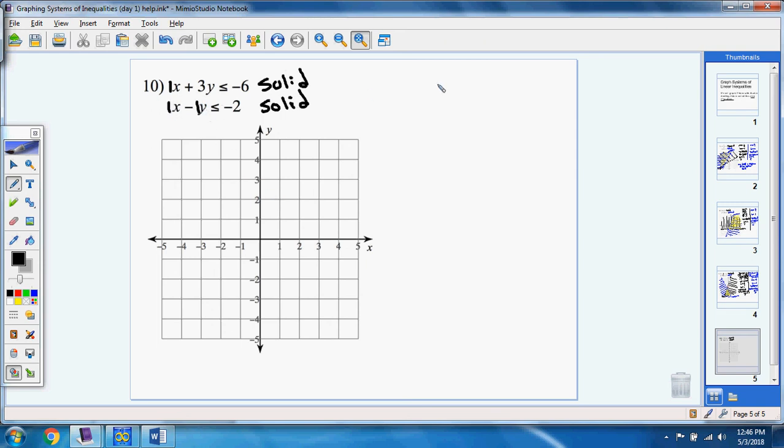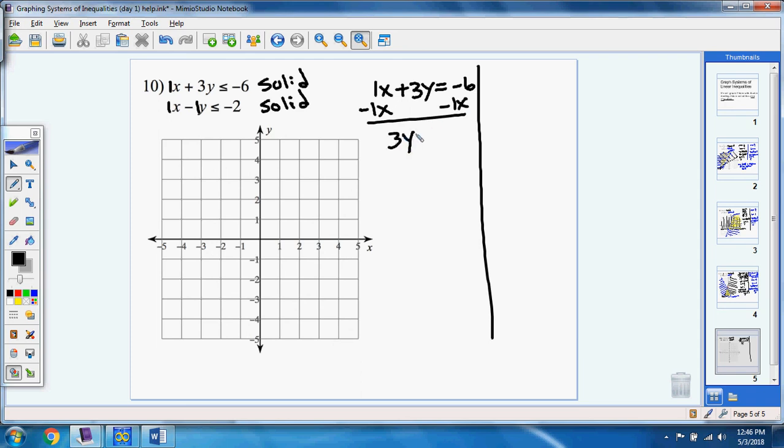Number 10. So my first line, again, I think about the equal sign. Subtract 1x. Divide by 3. Same skills from November.